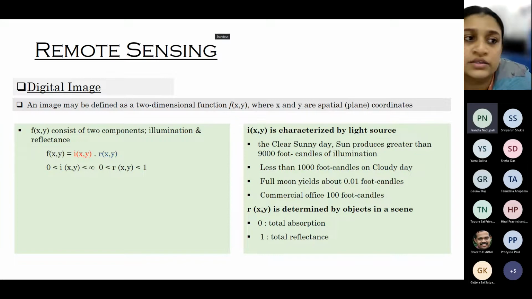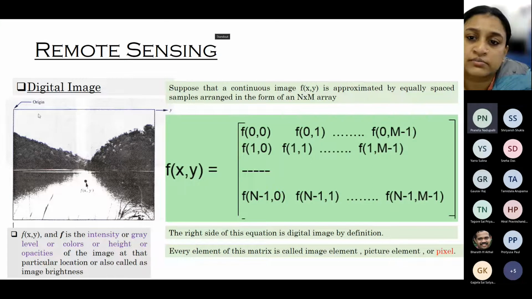You can see a digital image here in mathematical form. The right side of the equation is a digital image by definition, and every element in this matrix is called a pixel. This is how a digital image would look.